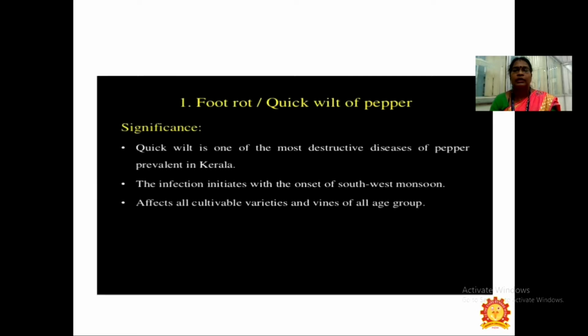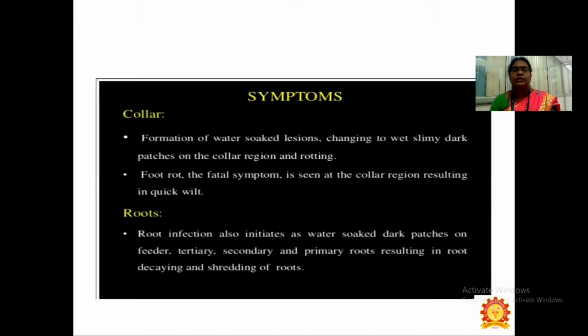Foot rot is otherwise called quick wilt of pepper. It is the most destructive disease of pepper, prevalent in Kerala. The infection initiates with the onset of the southwest monsoon, and it affects all cultivable varieties and vines of all ages. Symptoms occur in various parts of the plant.